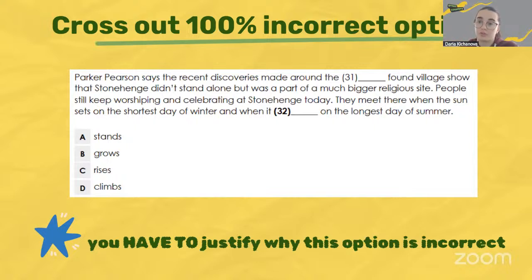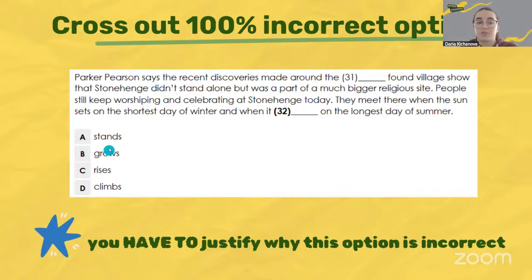Because when you have 4 variants, you may think about a lot of options. Your task is to focus at least on 2 variants that are possible. But when you cross out these options, you have to justify why you think it's incorrect. So you can't say, okay, I don't feel like that.